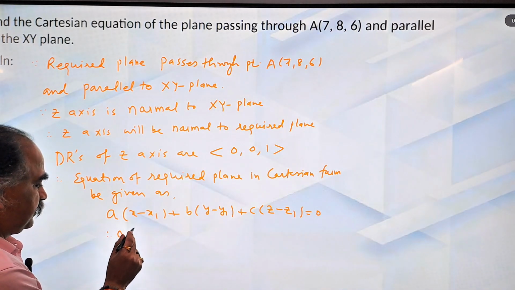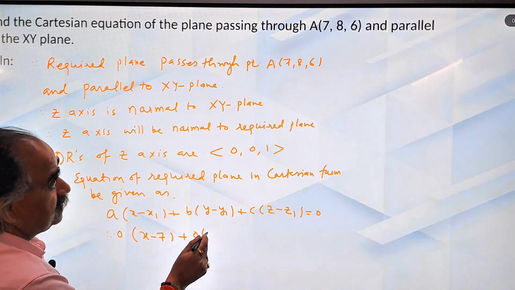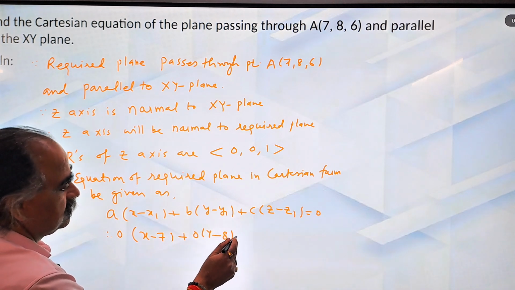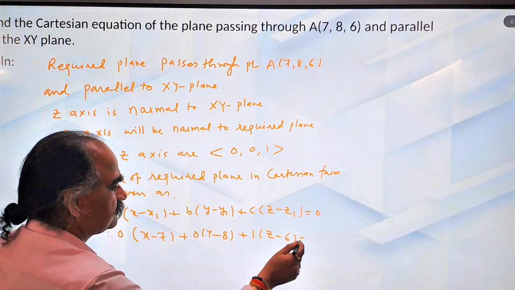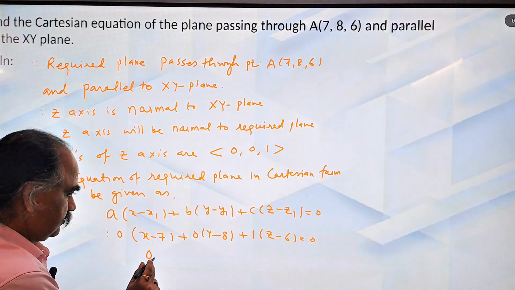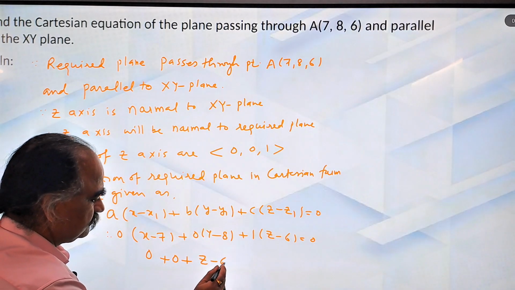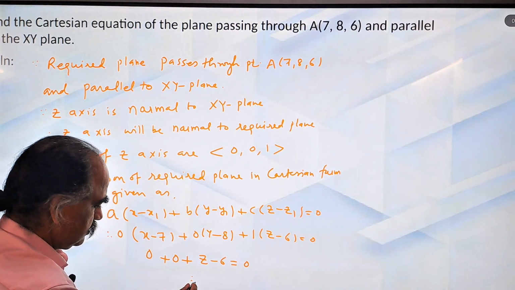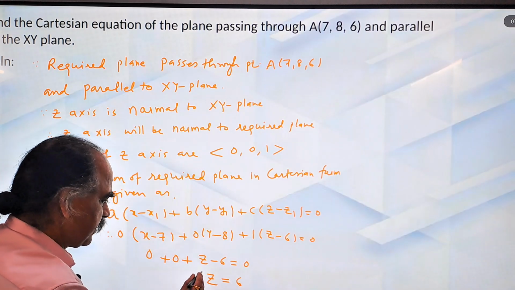Therefore, 0 into x minus 7 plus 0 into y minus 8 plus 1 into z minus 6. 0 plus 0 plus z minus 6. z is equal to 6 is equation of plane.